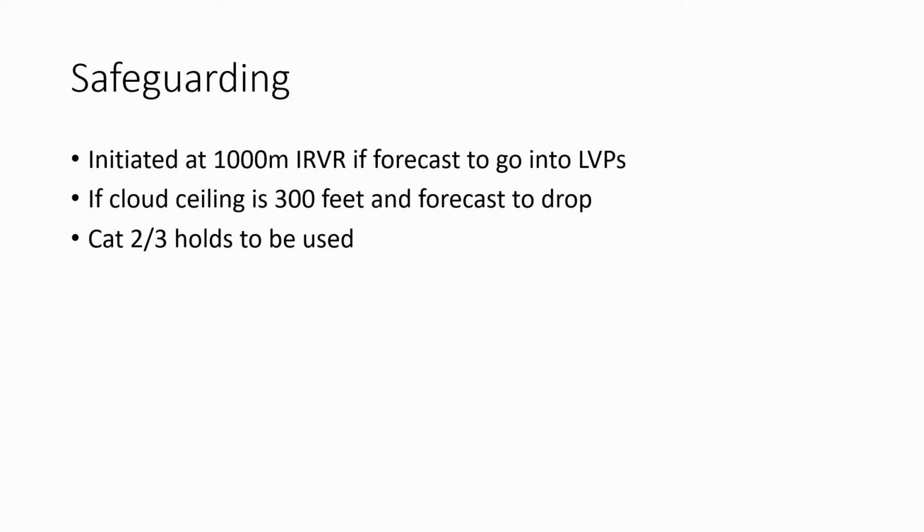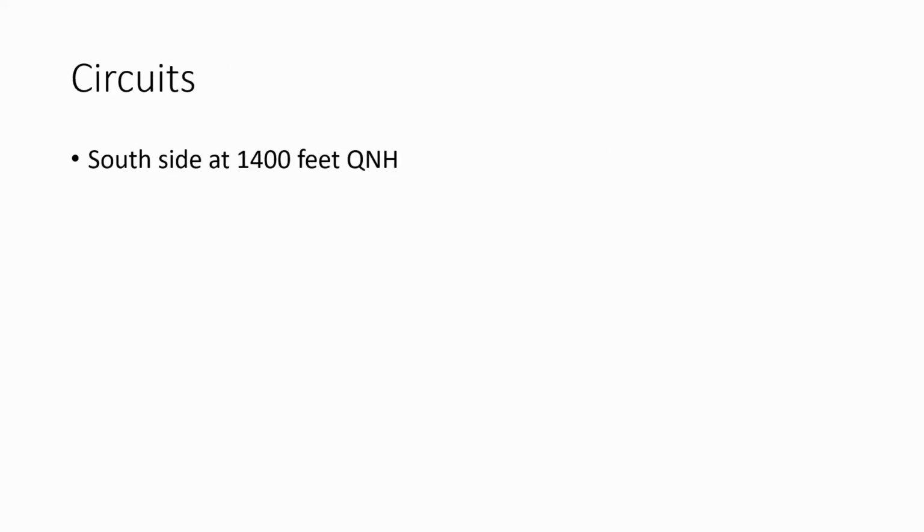Safeguarding is initiated at 1,000 meters instrument runway visual range, or if they're forecast to go into low visibility procedures, or if the cloud ceiling is 300 feet and forecast to drop into LVPs, in which case we use the Cat 2 or 3 holding points. It's just something that we do just in case we do drop into LVPs.